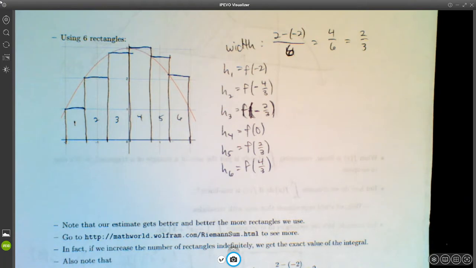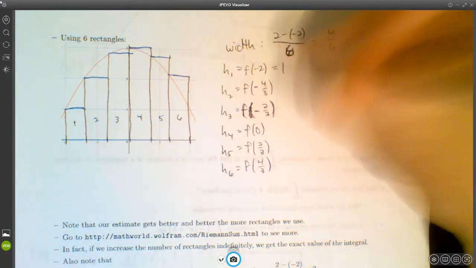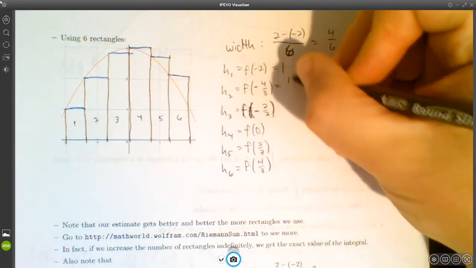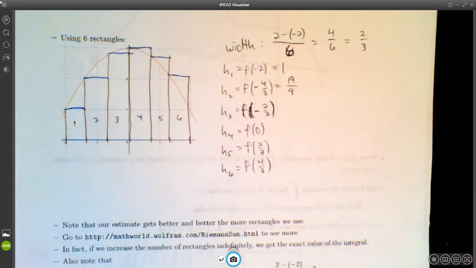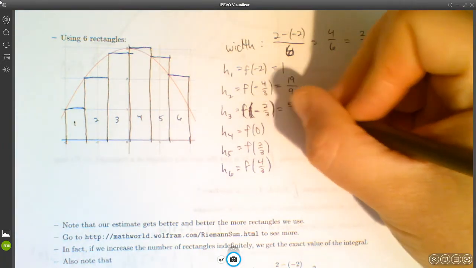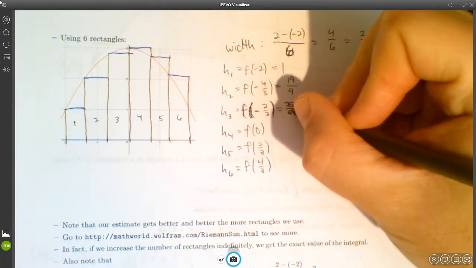So it's -1/2 times -2 squared plus 3. Okay, so that comes out to 1, which is, of course, not unexpected. Then I'm going to plug in -4/3 instead, and I get 19/9. And if I plug in -2/3, I get 25/9.